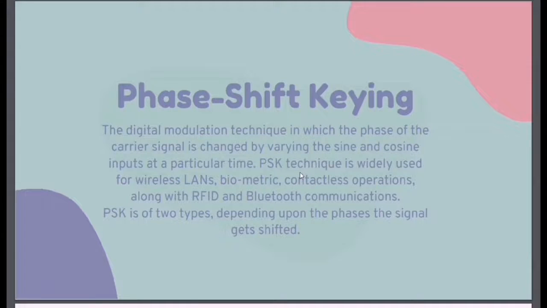First there is binary PSK, also called two-phase PSK or phase reversal keying. In this technique, the sine wave carrier takes two phase reversals, such as 0 degree and 180 degree. BPSK is a double sideband suppressed carrier, DSBSC, modulation scheme for conveying digital information.